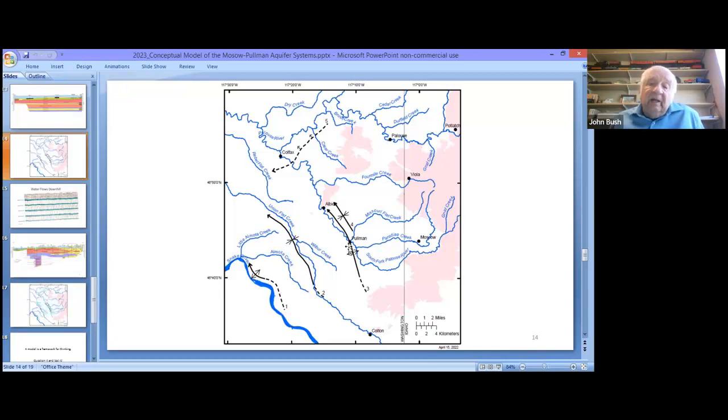If we look at the overall elevations in the transition between segment B and segment C, we find that in the Albion area, there's about a 9 to 10 square mile area where the elevations are much lower, 100 feet or more lower than they are in the Moscow-Pullman area. So the idea is that the water is coming into the Pullman area, meets these structures, each of which has the potential for being a barrier to lateral flow.